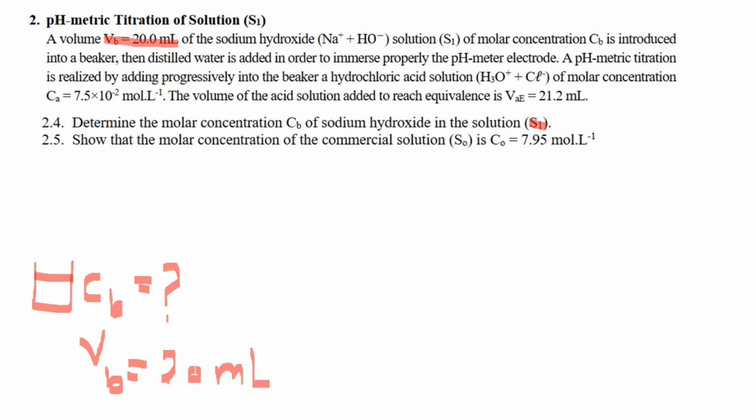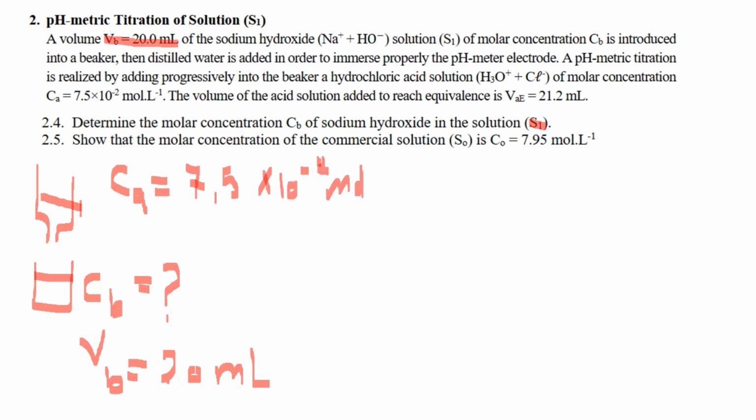Then we are doing the titration using, as we said, the graduated burette. In this burette, we're putting the acid, CA, with a concentration equal to 7.5 times 10 to the power negative 2 mole per liter. The volume at equivalence is equal to 21.2 milliliters.